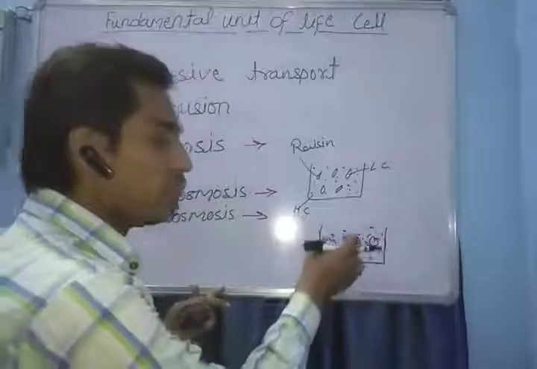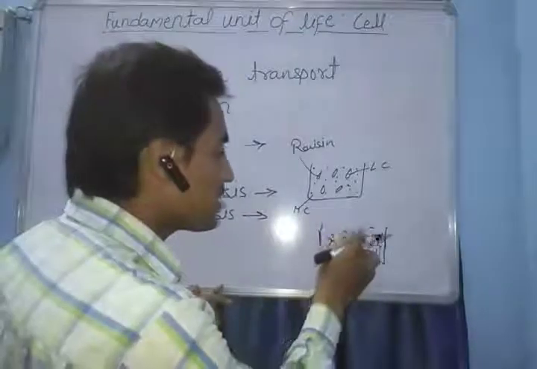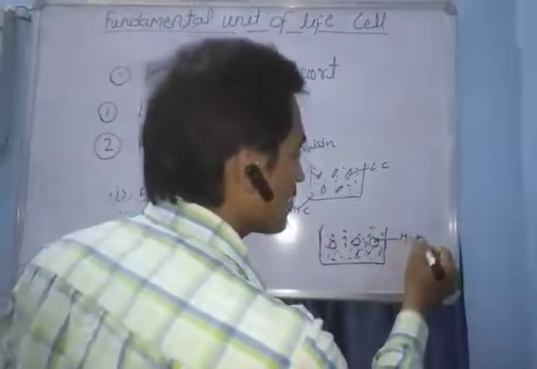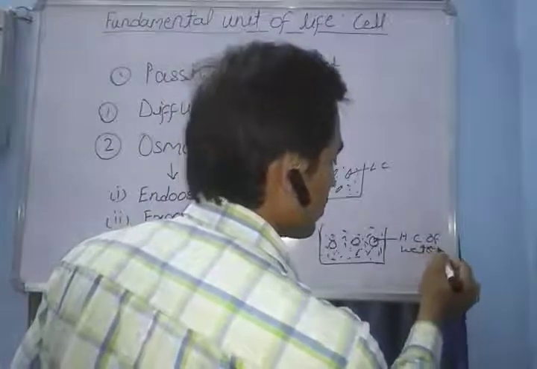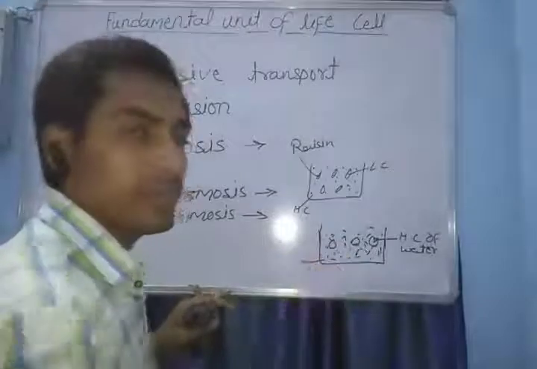Salt is present in more amount in the beaker, and water is present in more amount inside the raisin.